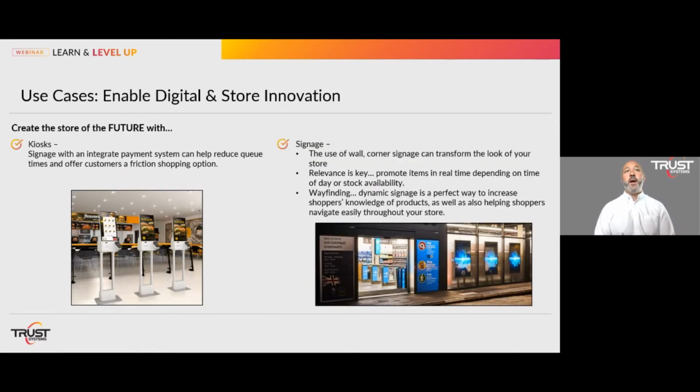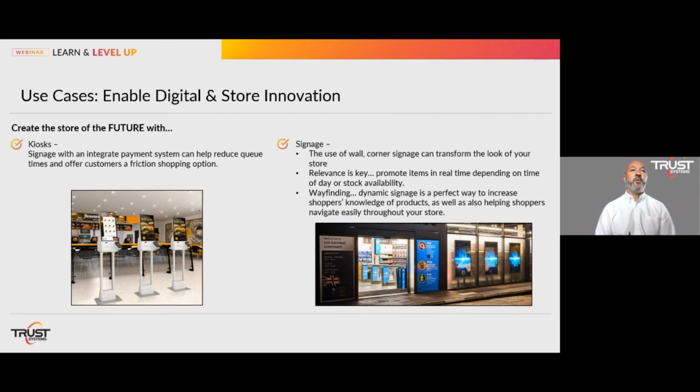And we have to consider, talking here about digital innovation, digital transformation, the ways in which people are shopping and want to shop is changing. We're seeing much more self-serve within certain environments. We've got two examples here.